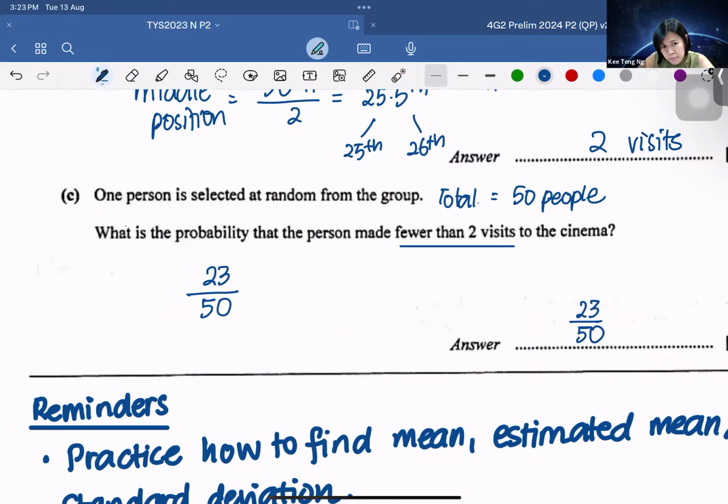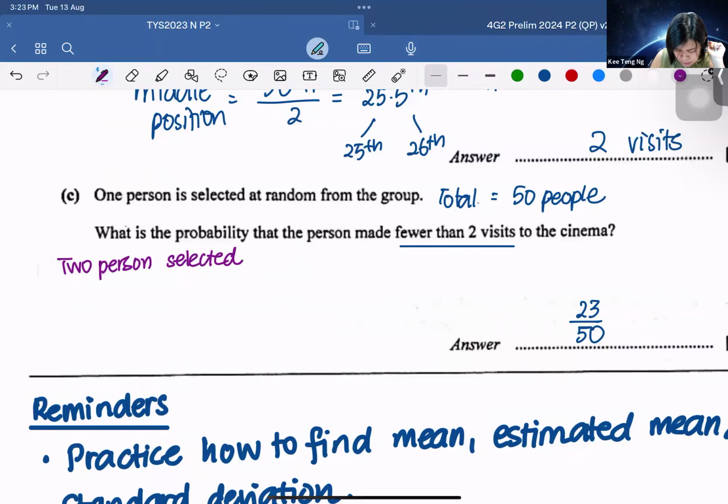Okay, then maybe I want to make use of this question and explain something else extra. What happens if I change the question a little bit? Let me change the question to 2 persons are selected at random from the 50 people.